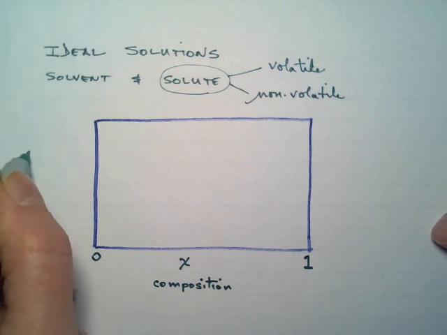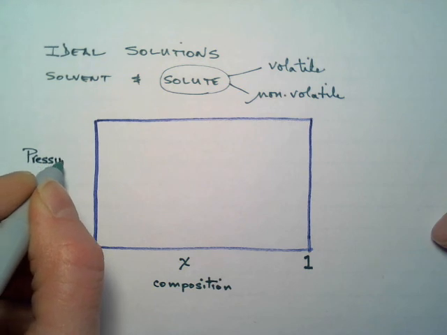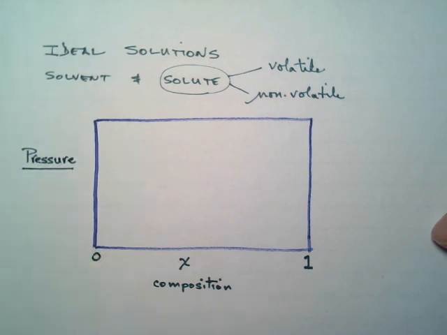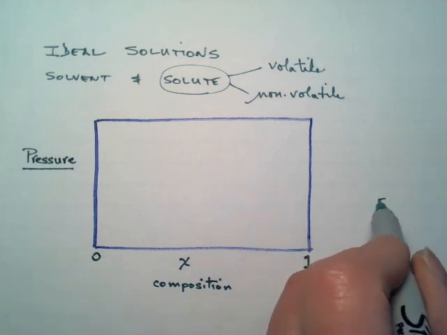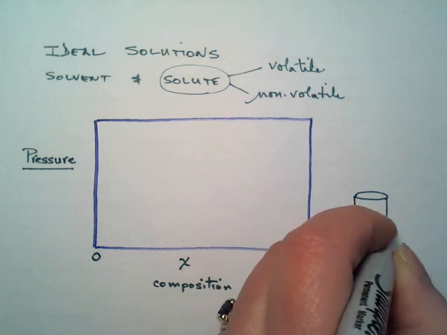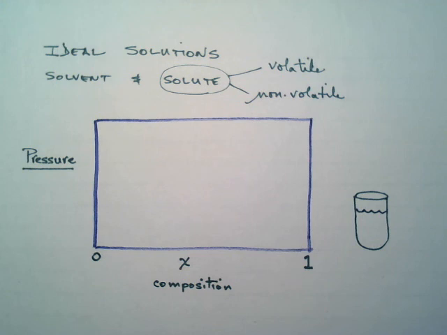So I'll tell you that the y-axis for us at the moment is in terms of pressure. This is actually going to be the vapor pressure. And so if I can illustrate here, think that you have a vessel with your solvent and your solute, so it's an ideal solution.